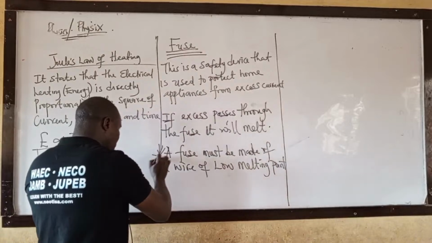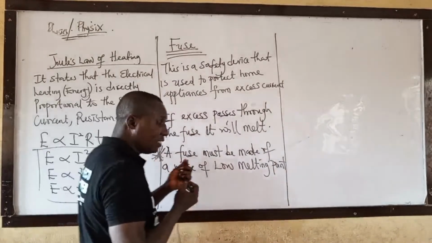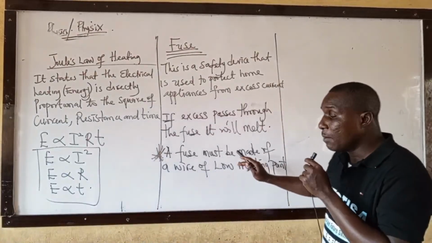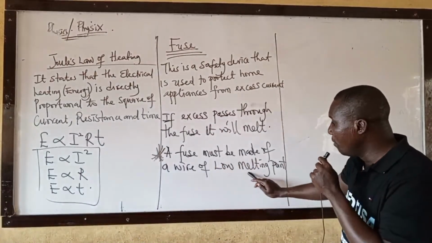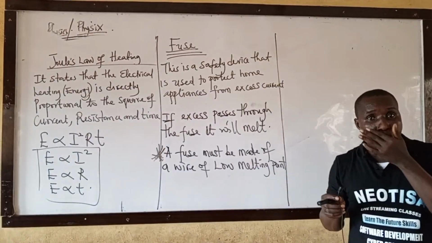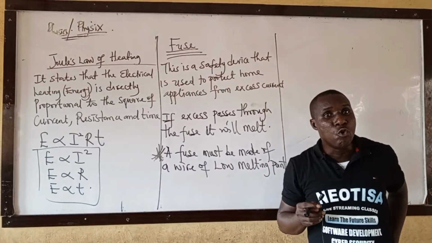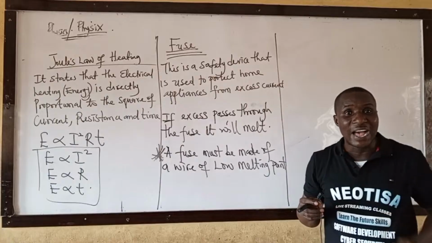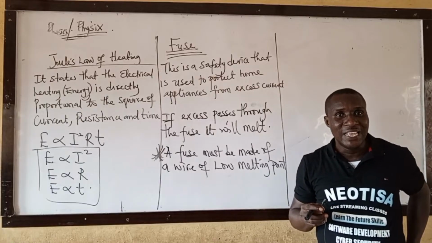They will ask you the property we use in making a fuse. The wire that must be used to make a fuse must have a low melting point.